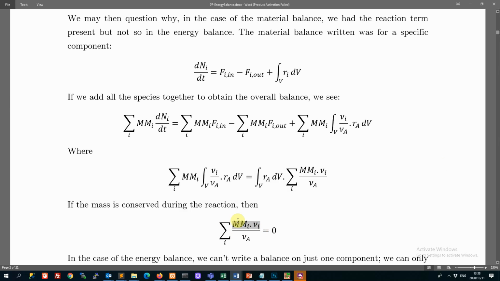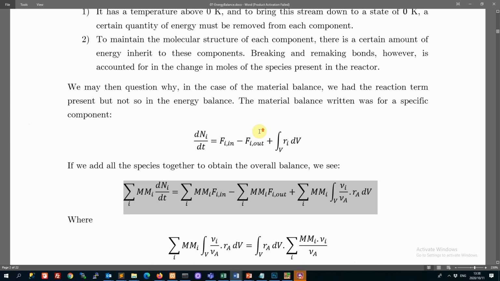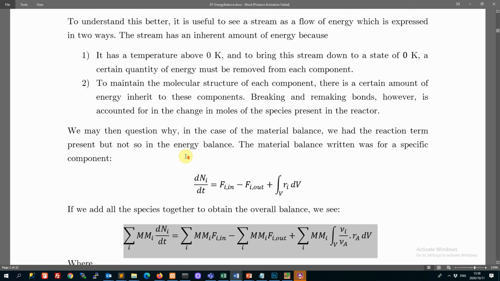So if you add all this, remember nu is positive for reactants and negative for products, then this is definitely going to be a zero. So yes, this term does become zero. So when you write a total mass balance, this term does zero out, leaving you with just that the total rate of change of mass is equal to the flow in minus the flow out. So total mass does agree with that.